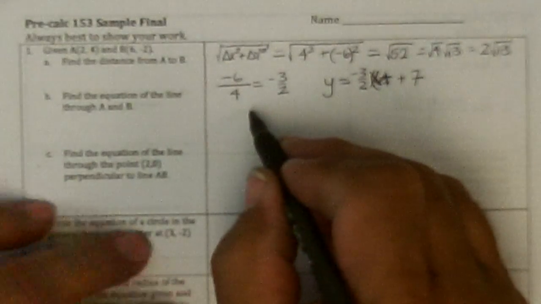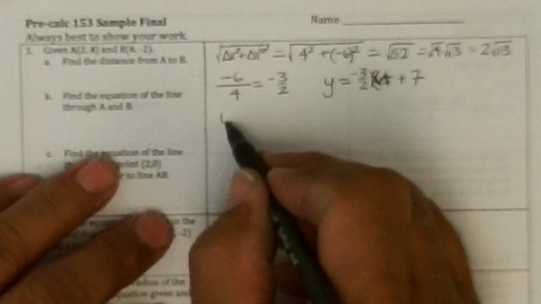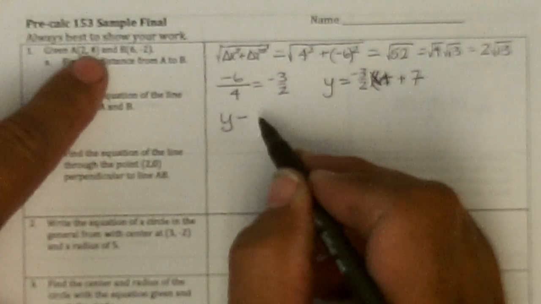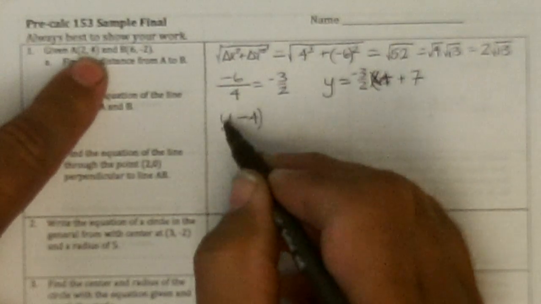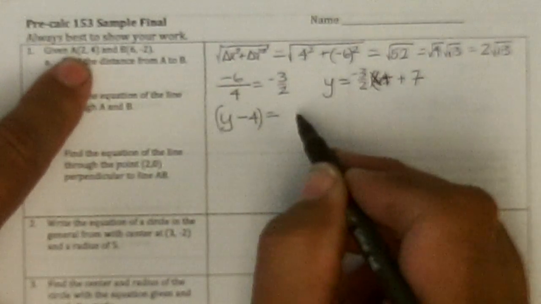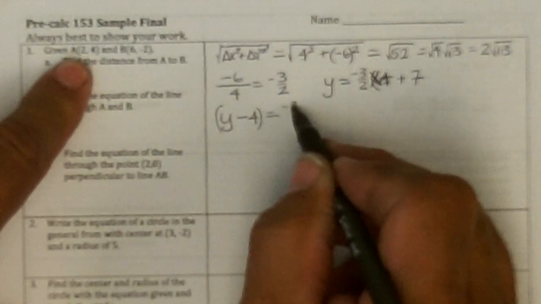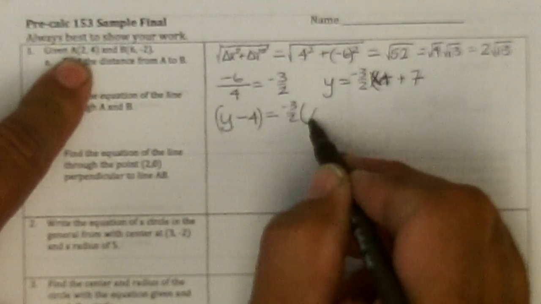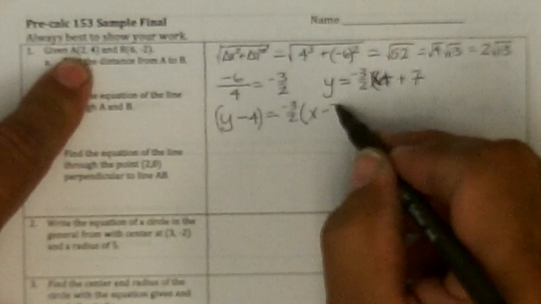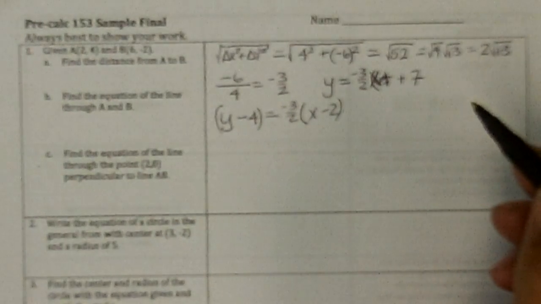I could also do it with the point slope form, which would be y minus, I'll just use the same point, 4, equals the slope, negative 3 halves, times x minus 2.